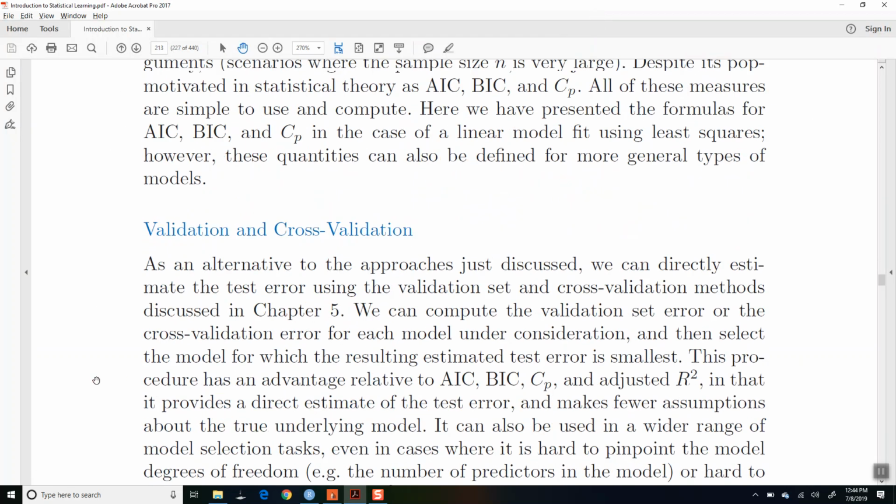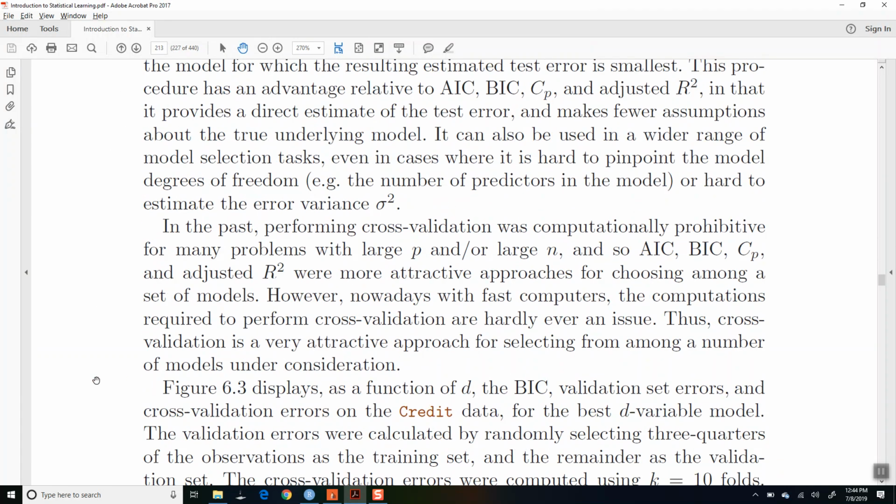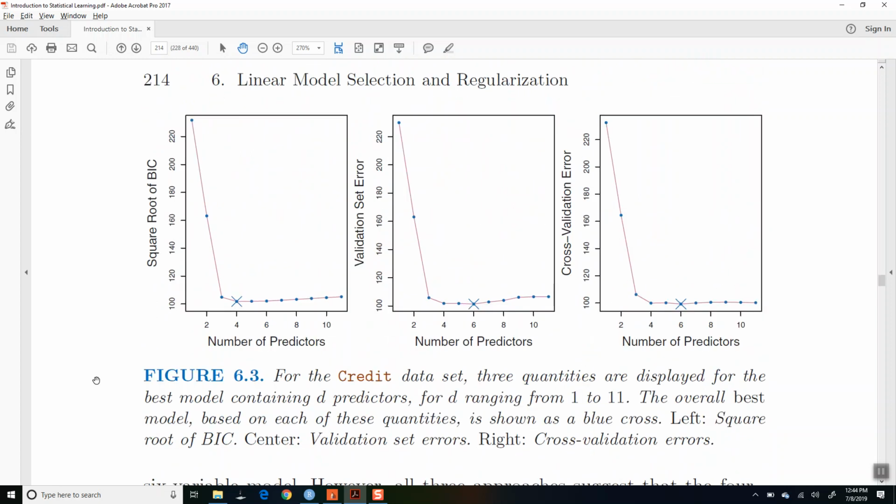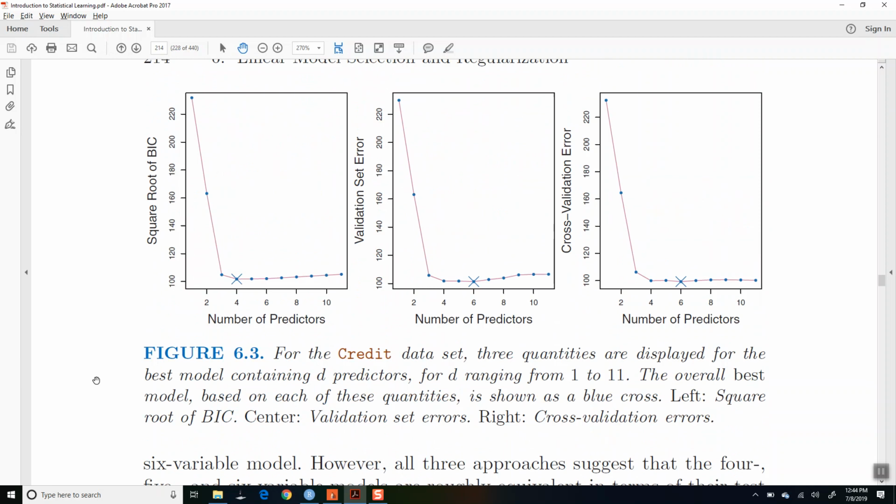so that's what we have there. Let me see if there was anything else I need to say. Okay, so this is for the validation, cross-validation. If we use the BIC for the number of predictors, it says 4.